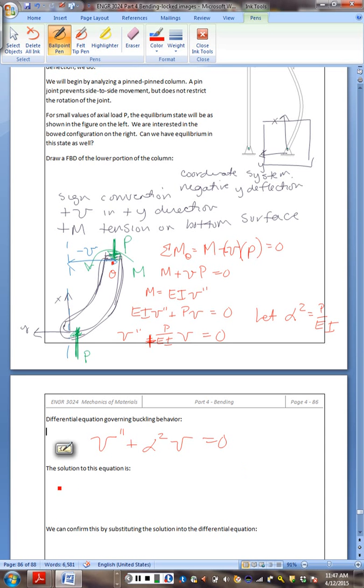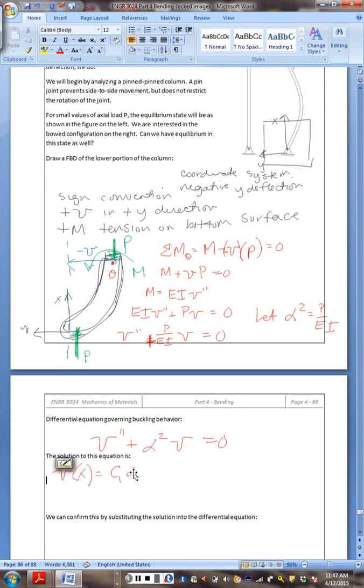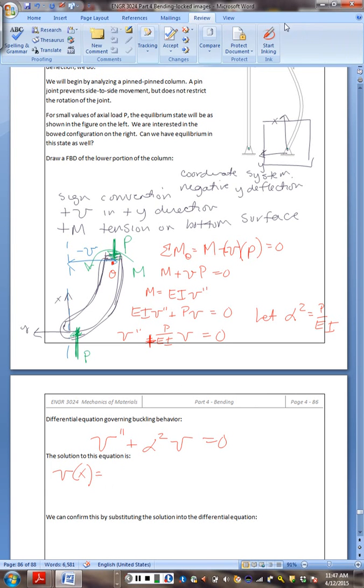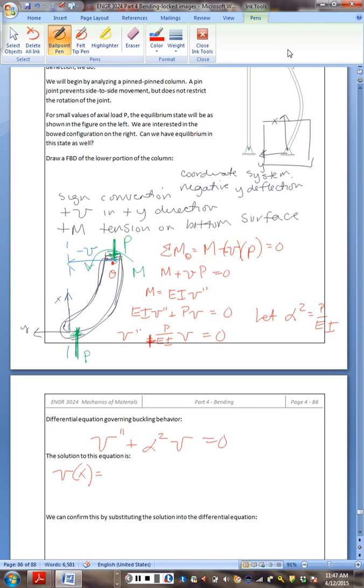So we know that the solution is some constant of integration times sine alpha x and a second constant of integration times cosine alpha x.